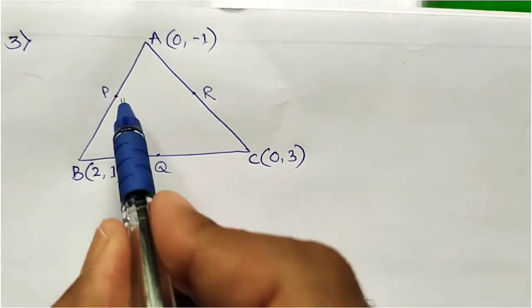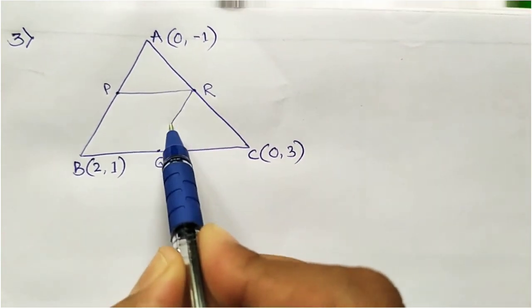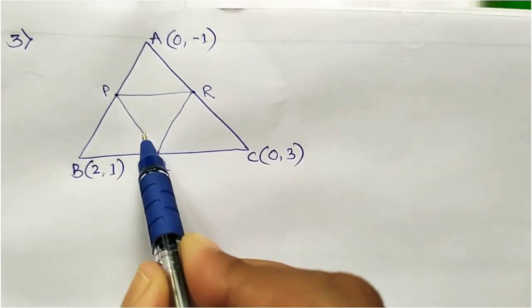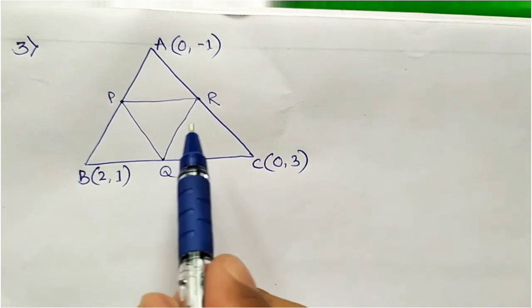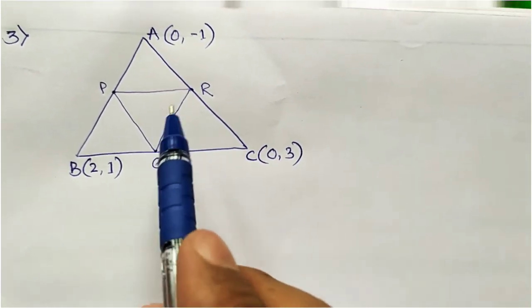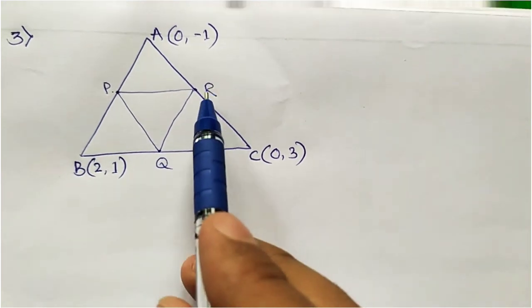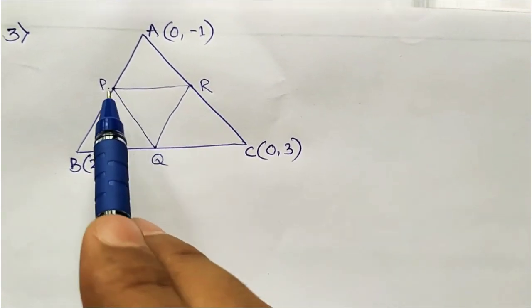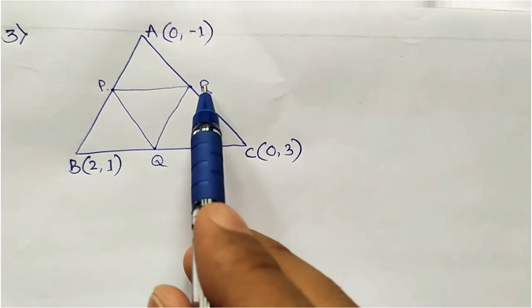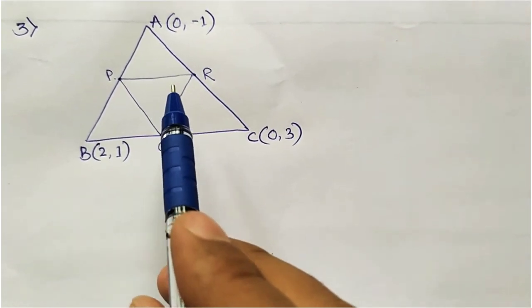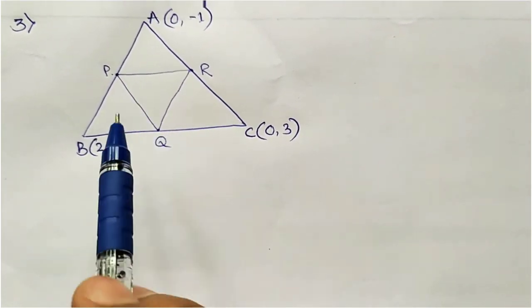Okay, so if you join the midpoints of these lines, you will get again one triangle, that is PQR. So first we have to find the area of this PQR. Afterwards we have to compare the ratio of areas.